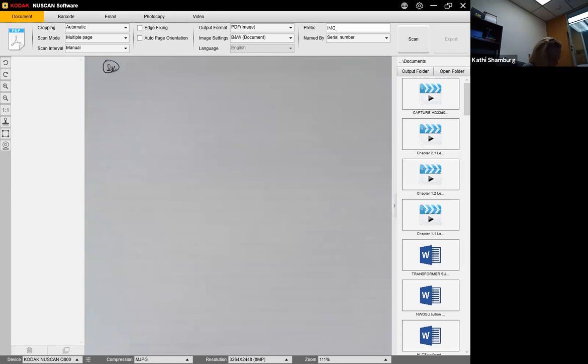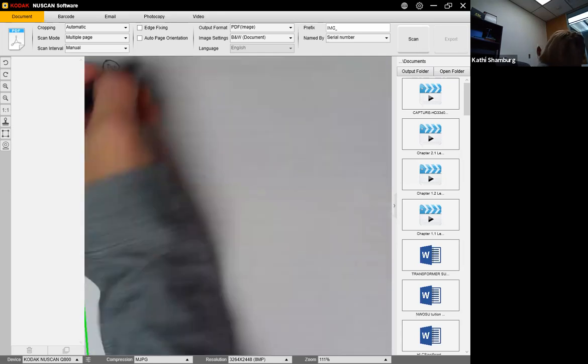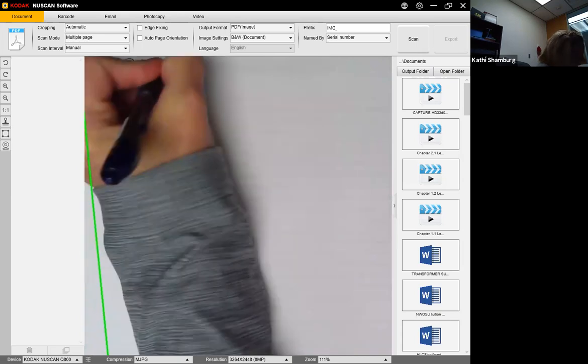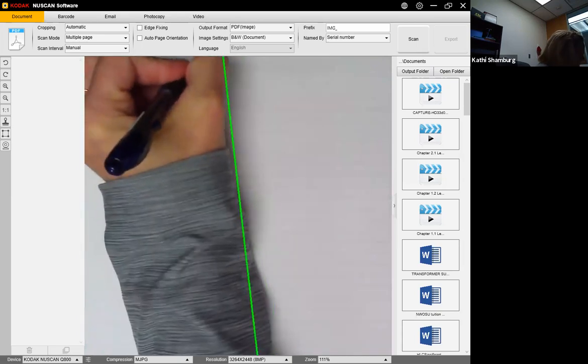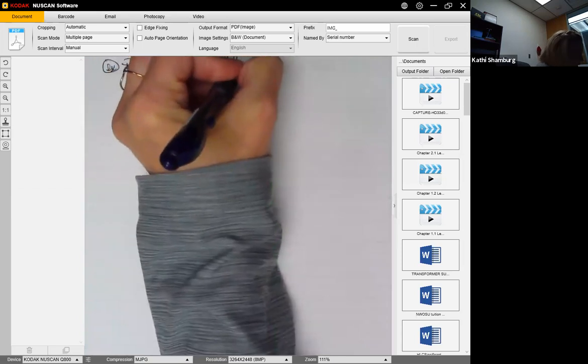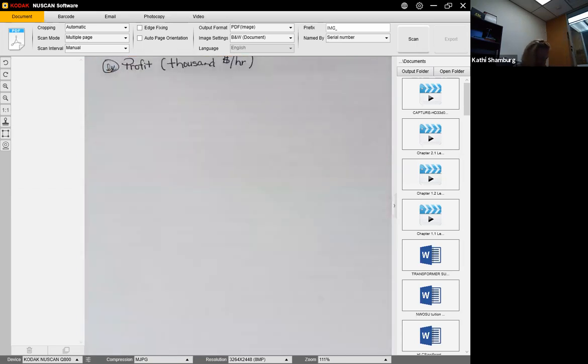Okay. So what we're looking at is profit in thousands of dollars per hour. And let's see, we are talking about compact and midsize.